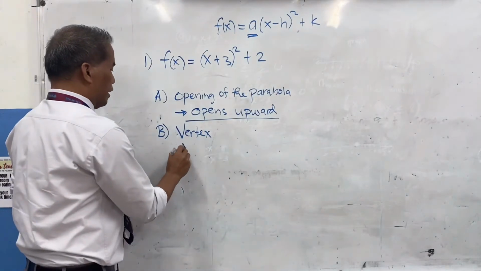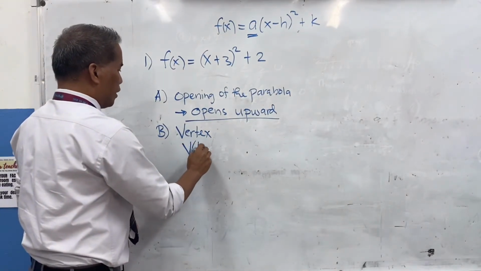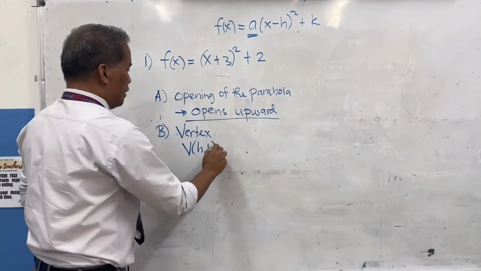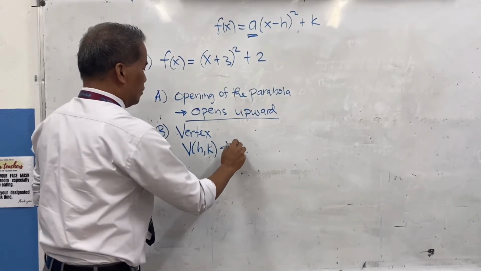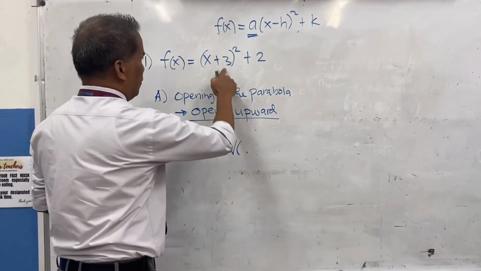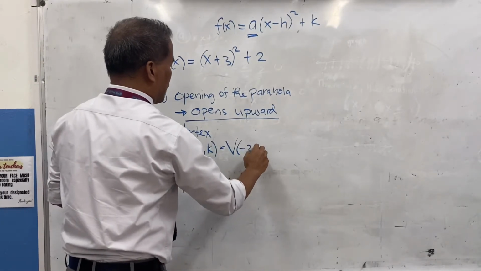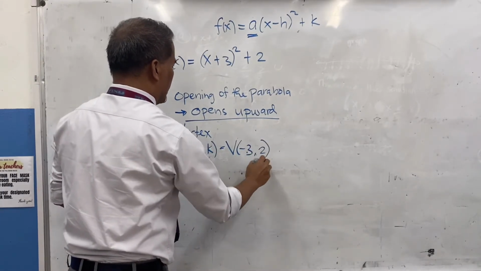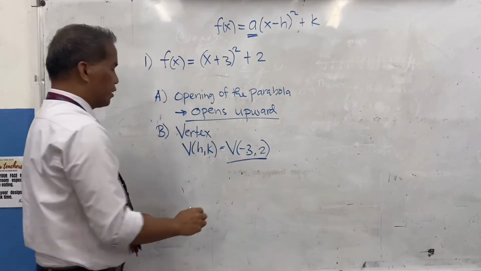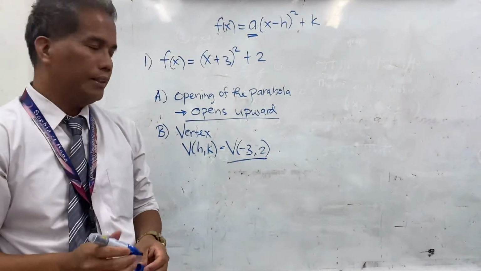So the vertex here, hk, is equals to negative 3, positive 2. So this is now the vertex of the parabola.